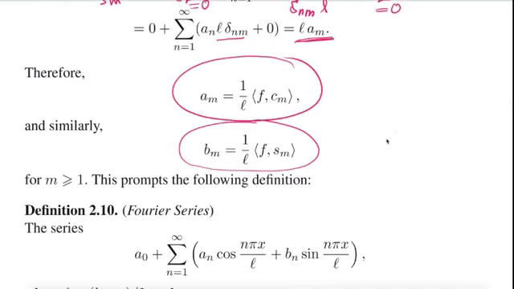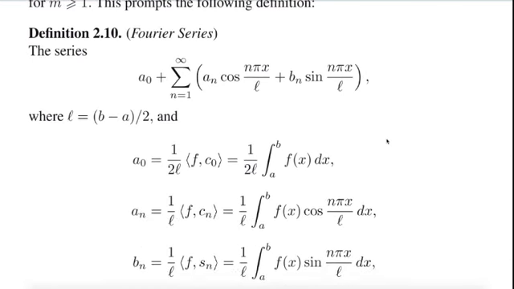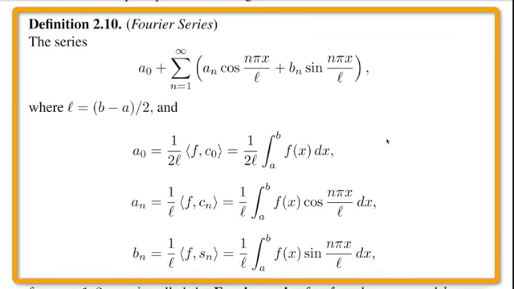So let us summarize this in this little definition of a Fourier series. Yeah, it fits all on one page. So the Fourier series has the coefficients a0, an, and bn. It is a sum of cosine and sine terms. The L needs to be associated with b minus a over 2.